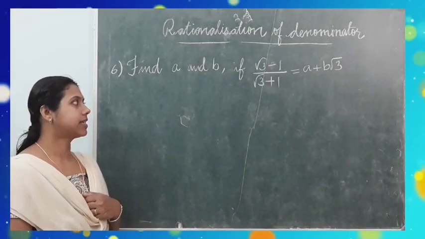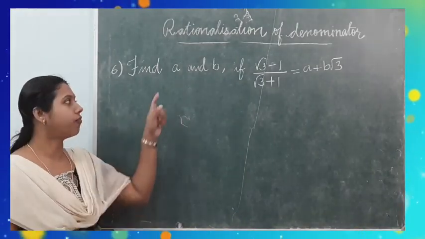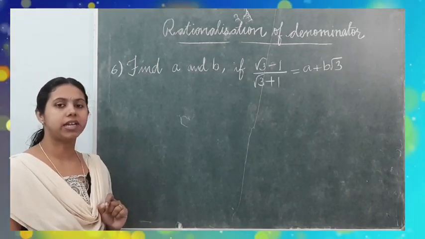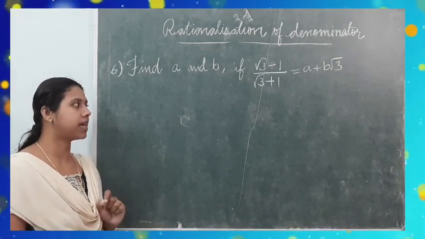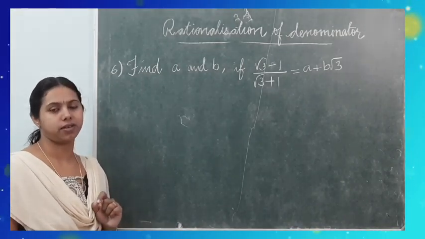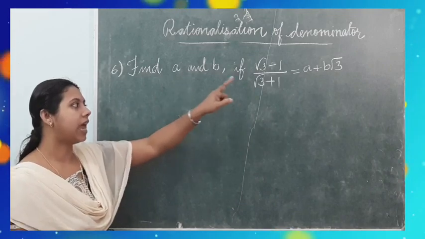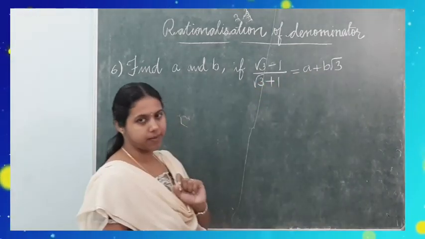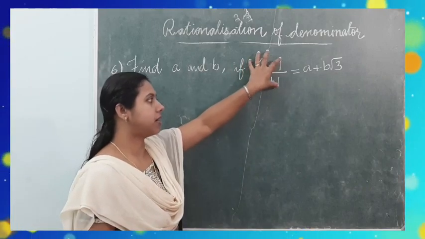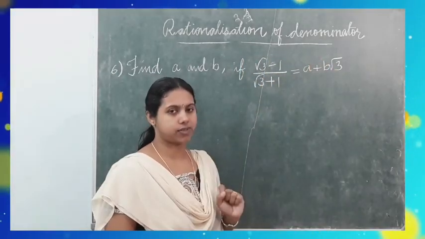The next question is, find the value of a and b if root 3 minus 1 divided by root 3 plus 1 is equal to a plus b root 3. You have to find the value of a and b. So it's given for you, this LHS part is equal to RHS.